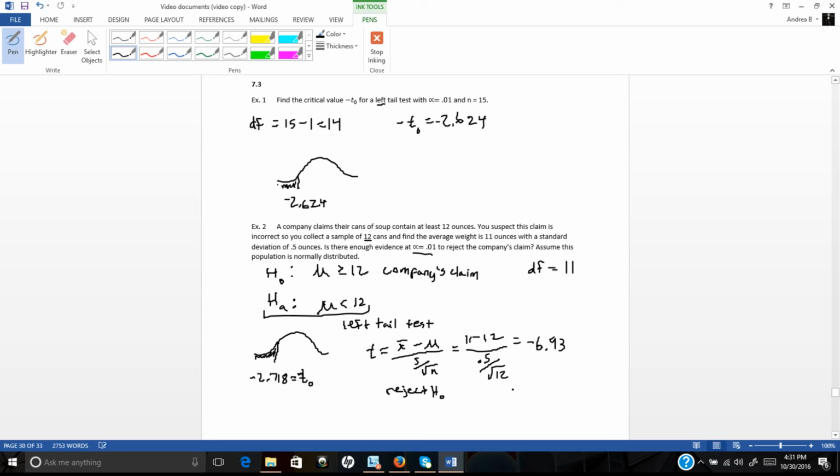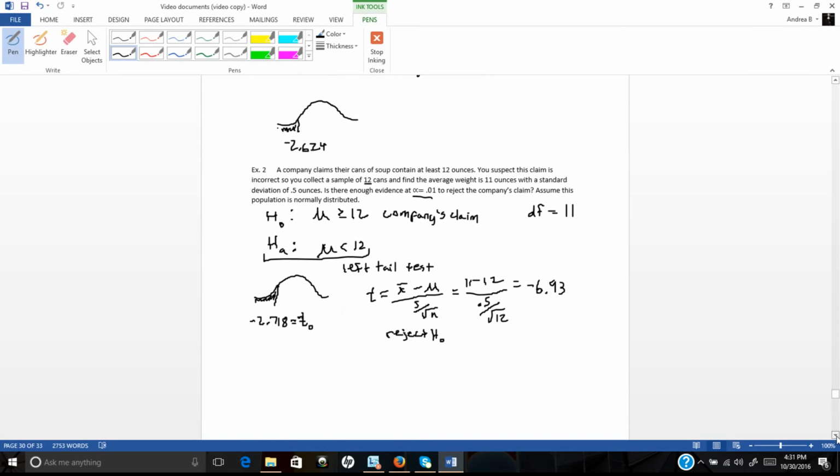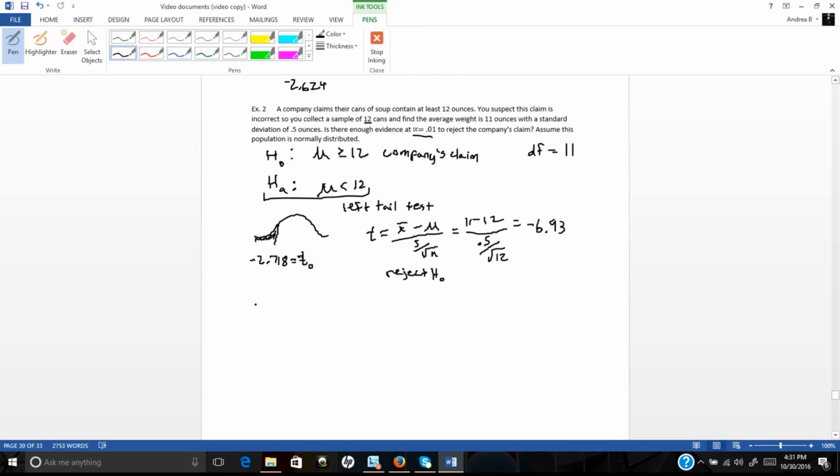And whenever we're testing our claim, we also want to make sure that we're doing our interpretation here. So in terms of the interpretation, remember our claim this time was the null hypothesis. So if we're rejecting the null hypothesis, we're also rejecting the company's claim here.